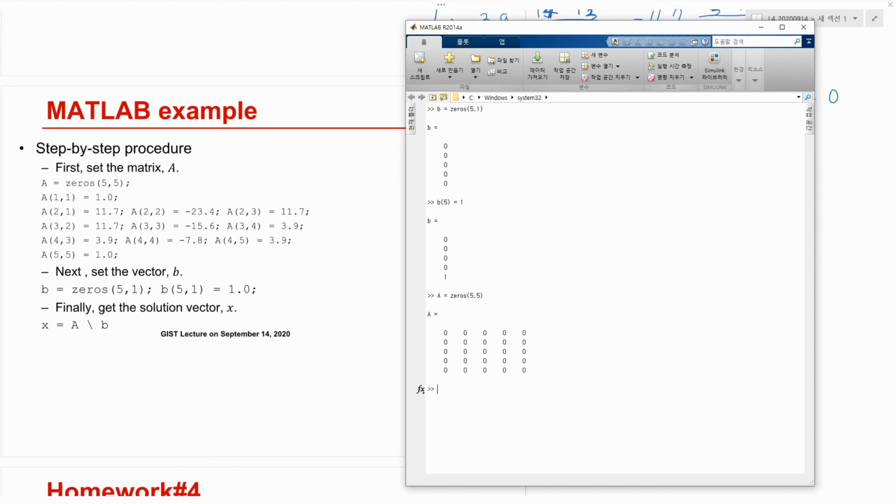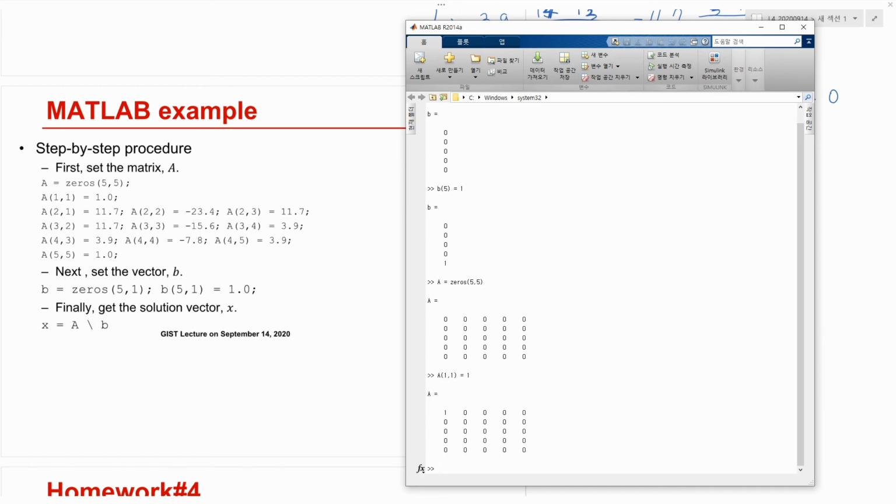So we have just a null matrix, and A's 1,1 component should be 1, specifying the boundary condition. Also 5,5 should be 1, also corresponding to the boundary condition of the right contact.